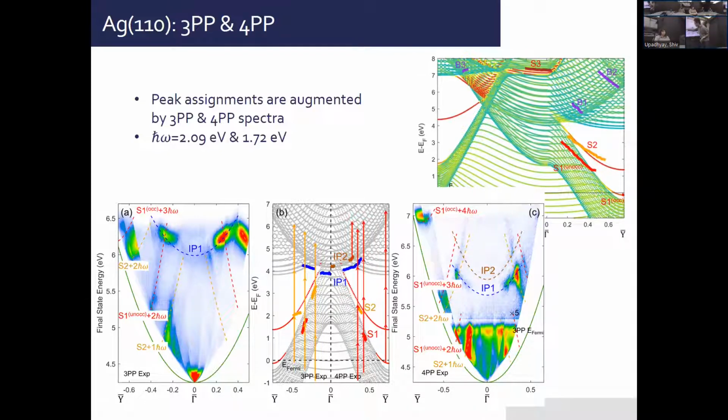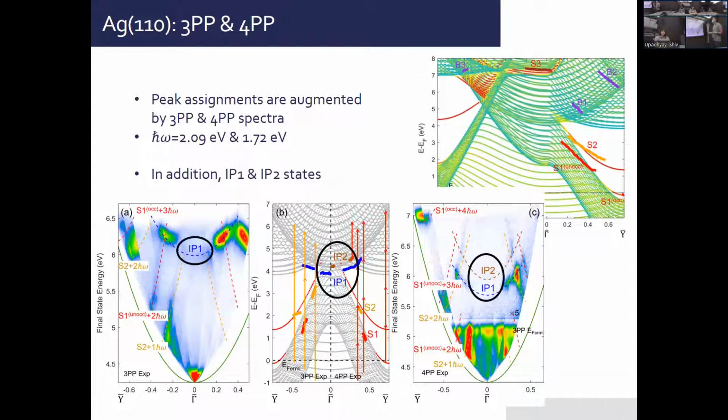We can see that it matches the experimental spectroscopy features, and also in the other data, the energy position and the dispersion match. So this confirms our assignments of the states to these two surface states.